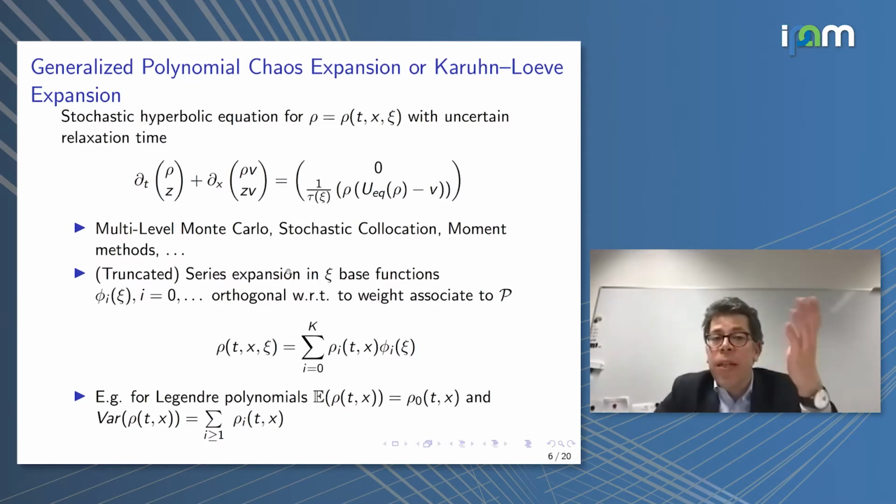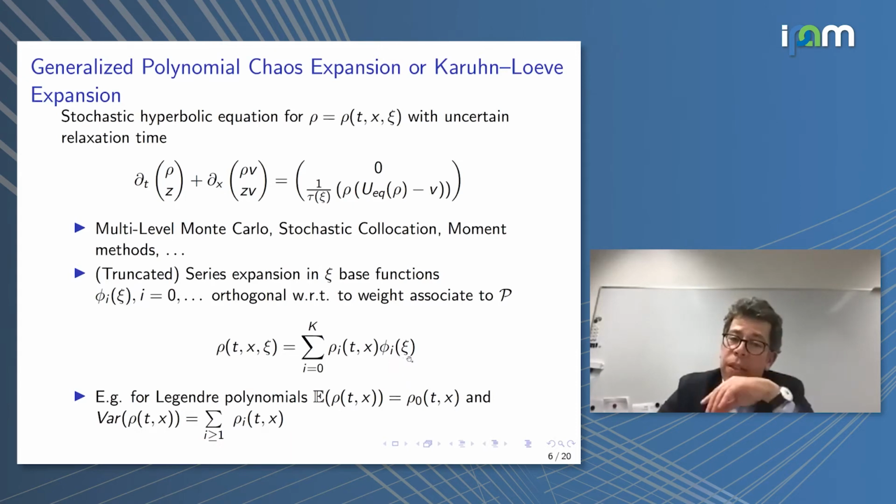And then a possibility would be generalized polynomial chaos expansion, which is essentially a truncated series expansion of the solution rho in terms of the variable psi by coefficients, which I call rho_i of t and x, and by suitable basis functions, phi_i of psi, which you would choose according to the weight, according to the distribution of this variable psi.